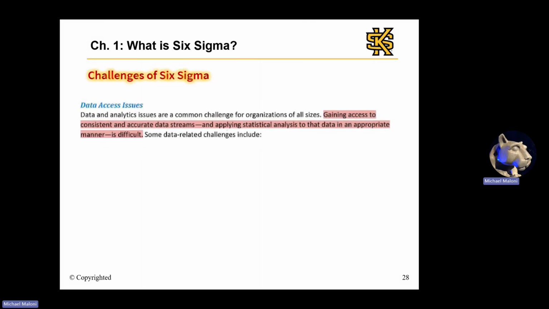The number 4 challenge is data and analytics issues. Six Sigma relies on data. It's data-driven change.